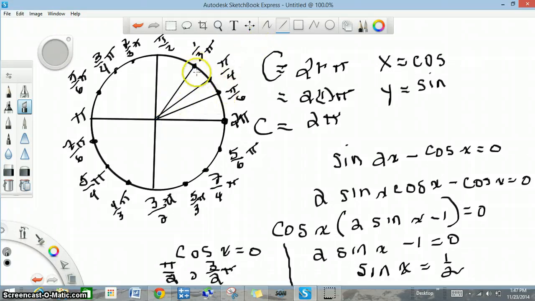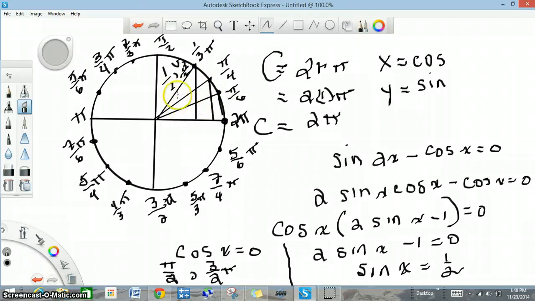And then we would use the Pythagorean theorem to solve for the sine and the cosine. And so what we're going to get is this. At 1/3 pi, x is going to be equal to 1/2, and y is going to be equal to radical 3 over 2.